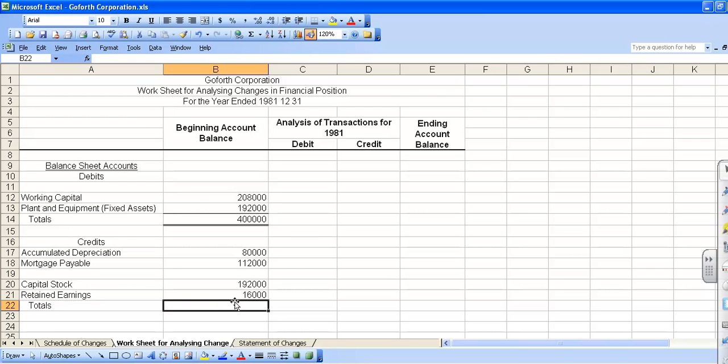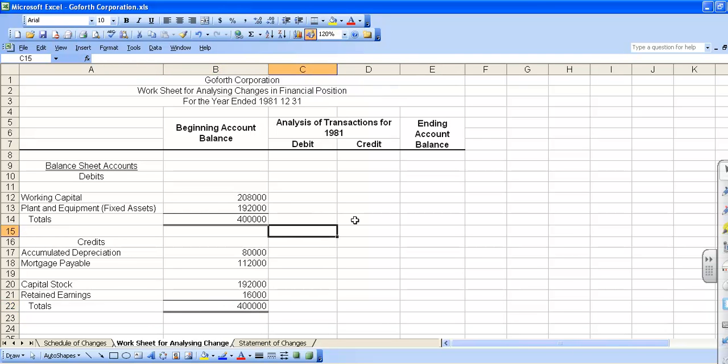And once again, we're going to add those up, and they should equal our debits. If they don't, then we have to go back and see what we did wrong. Whoosh, aren't we lucky they worked? Alright, so we have that ready.